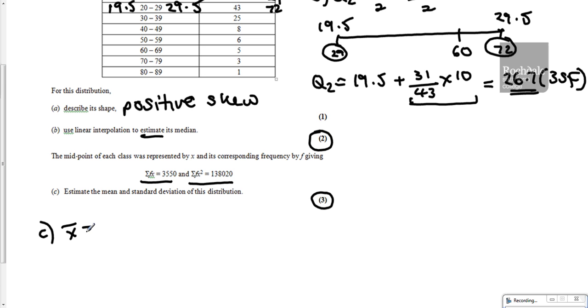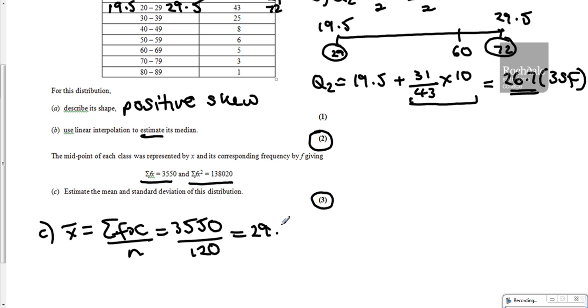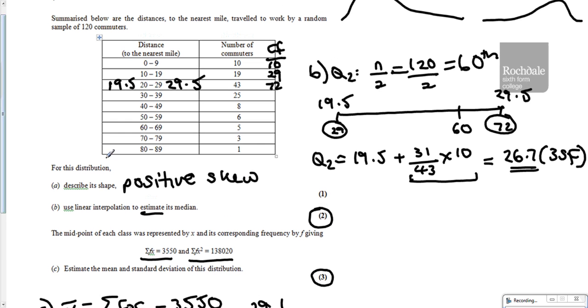So for the mean, it's the sum of fx divided by n, and they've told us that if we worked out the fx column, it would add up to 3,550. They told us there were 120 commuters, so if you work that out, the mean works out to be 29.6. Now, if we look back at the data, this is to the nearest mile, 29.6 does seem like a reasonable value.